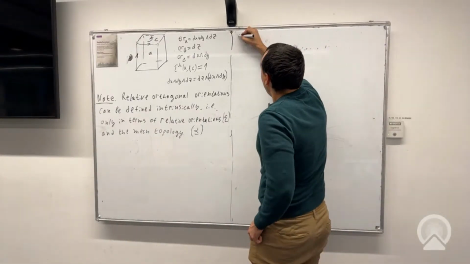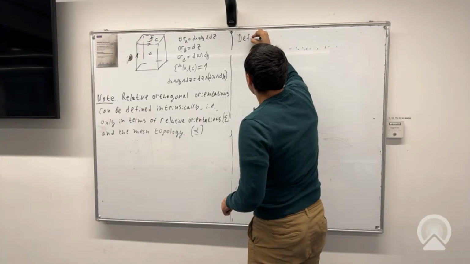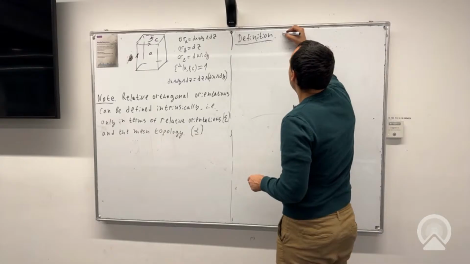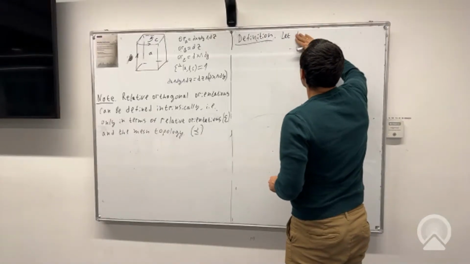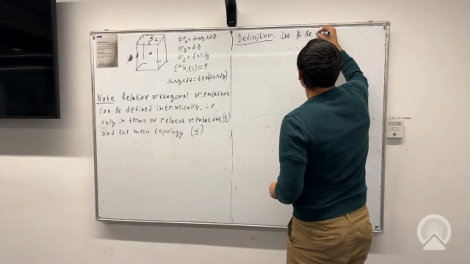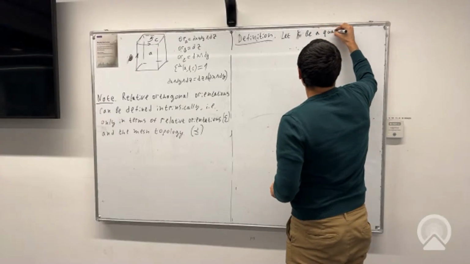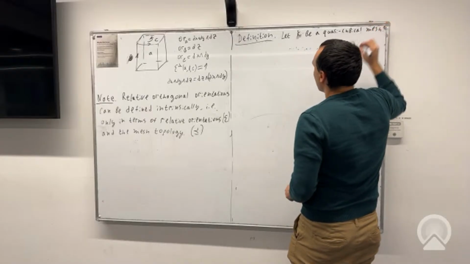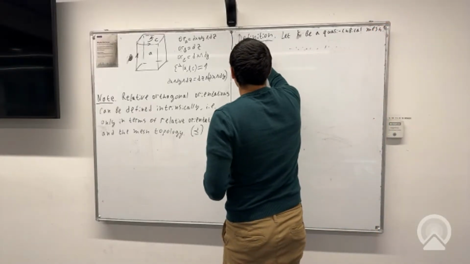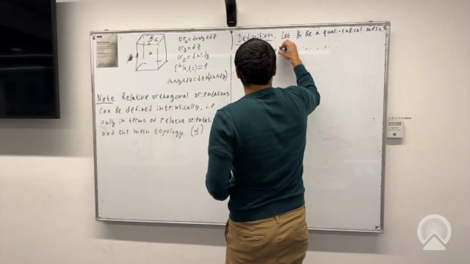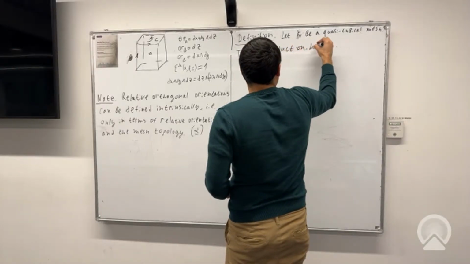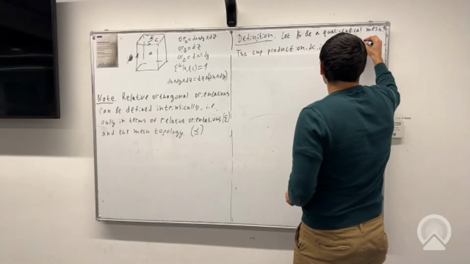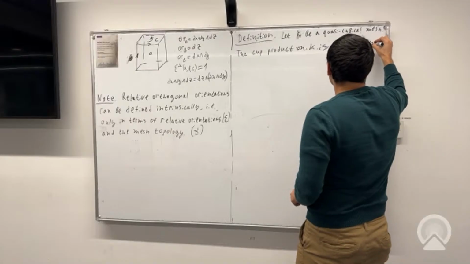And now we can define the cup product. It satisfies all the conditions I gave before. So let K be a quasi-cubical mesh. The cup product on K is defined as follows.